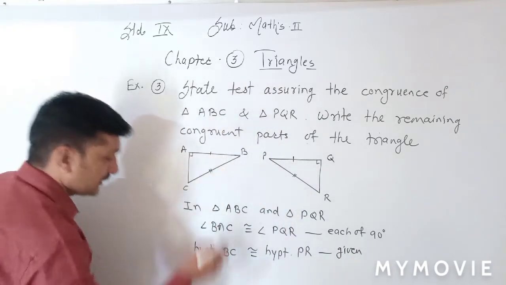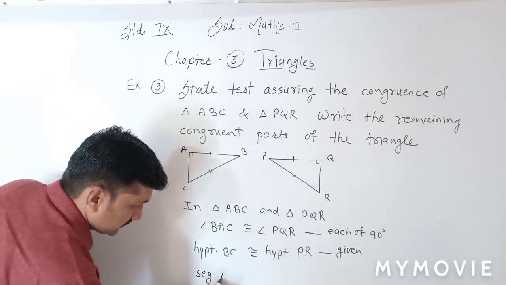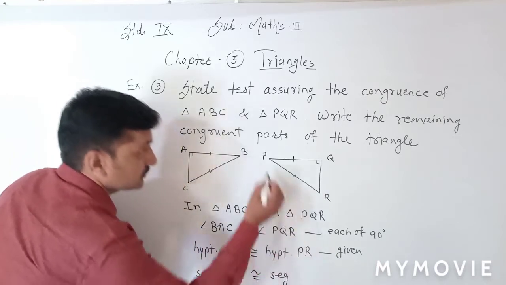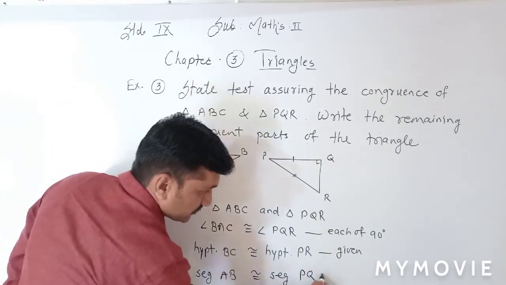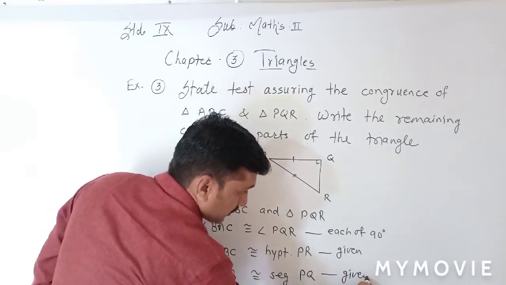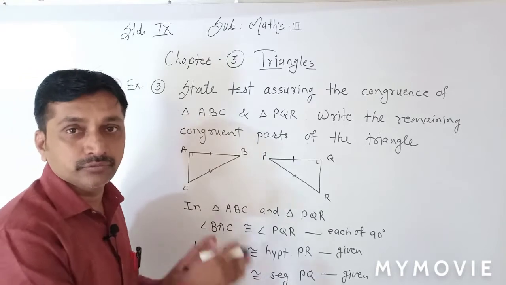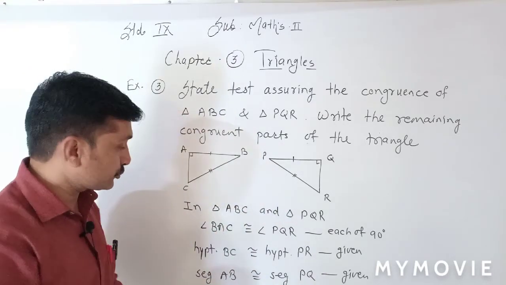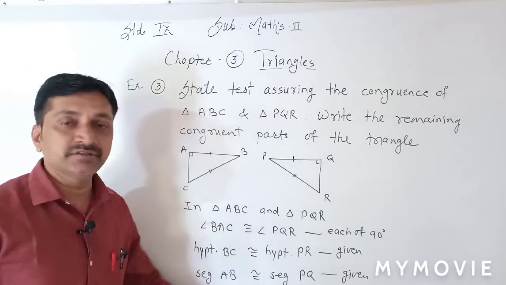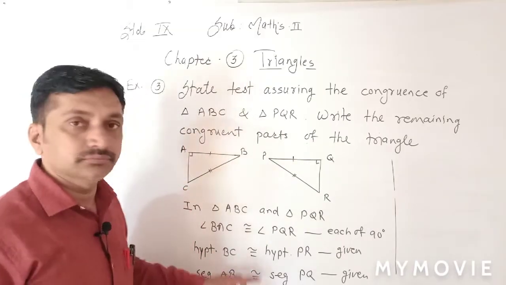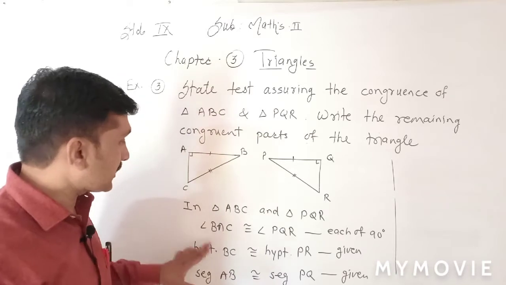And one more side, seg AB, is congruent with seg PQ. This is also given. As both are right angle triangles, the hypotenuses of both the triangles are congruent, and one pair of corresponding sides is also congruent. Okay, now the triangles are congruent by hypotenuse side test.